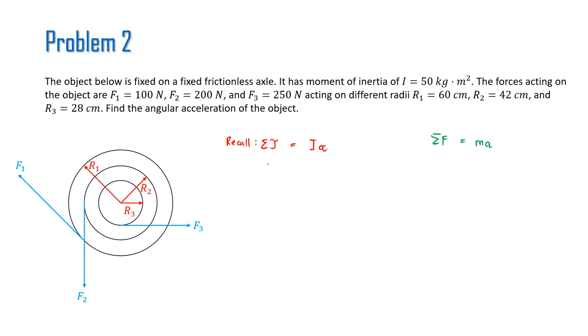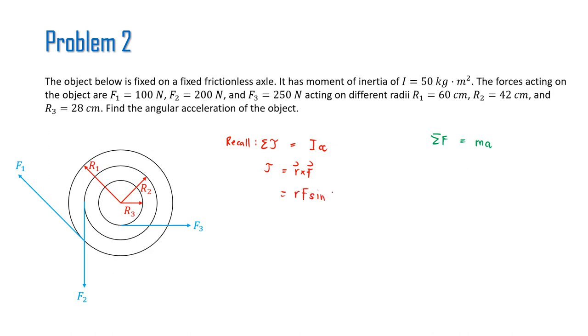So we have torque is equal to R cross F. Your vector R is perpendicular with your force vector, since your force vector is tangential with respect to the object. So this is just equal to R times F sine.